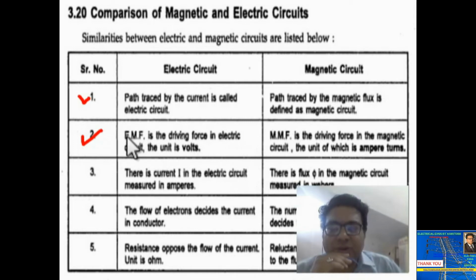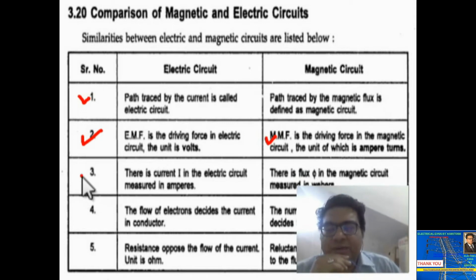This is electromotive force, the driving force for electric current. And in the magnetic circuit there will be MMF, which is also the driving force, the unit of which is ampere turns.